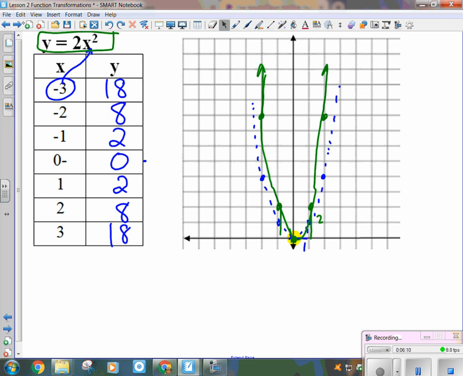So again, that graph grew twice as fast. From the start point, it went over 1, always go over 1, and this one went up 2. So it went up twice as fast, and that's how I knew it was going to be skinny, because it's going to be closer to the y-axis. And it does that on both sides. So again, that first movement is a key feature of the graph.